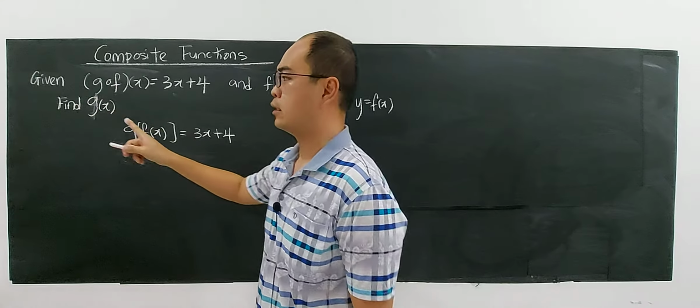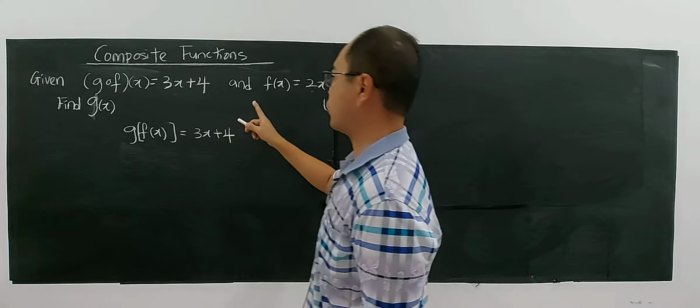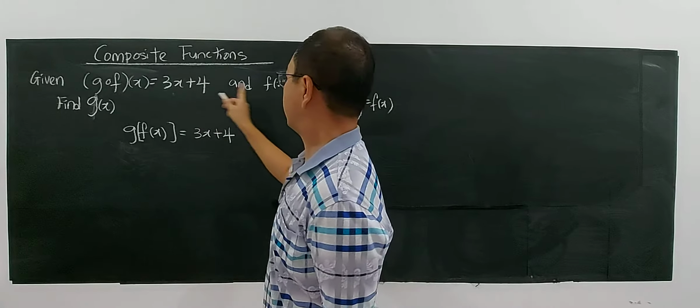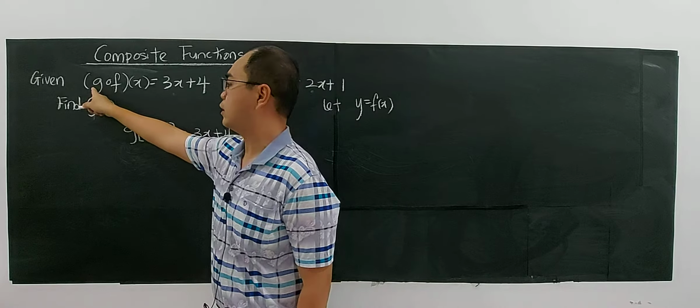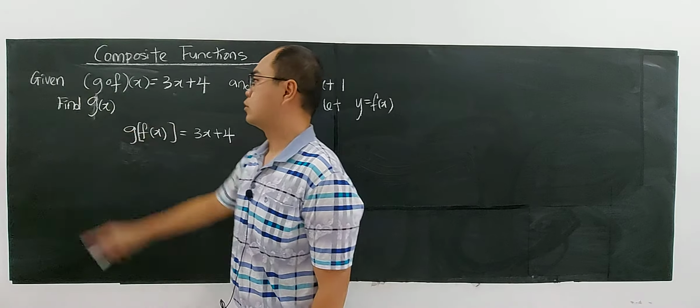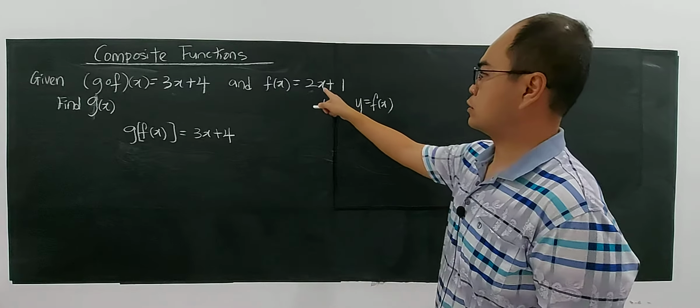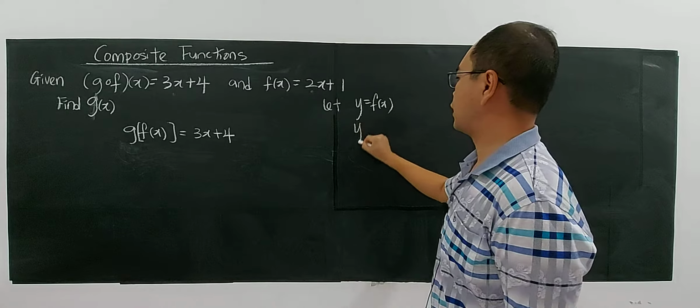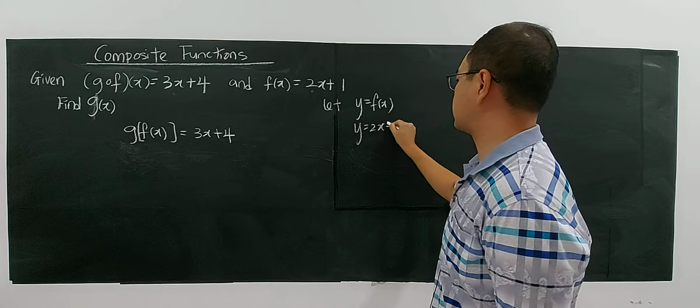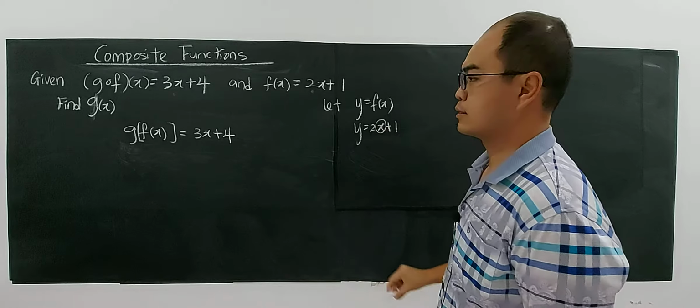This technique is only used when they give you the first function but not the second function. So you let y equal f(x), which is y equals 2x plus 1, and you change x to be the subject.